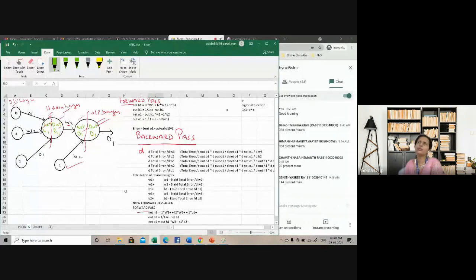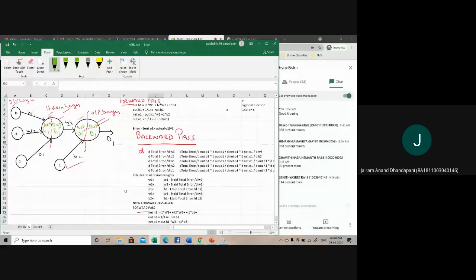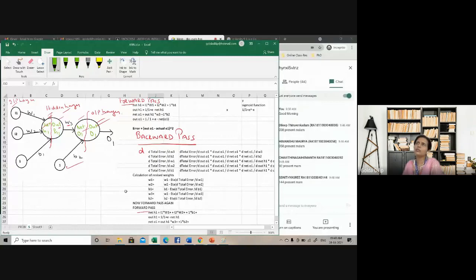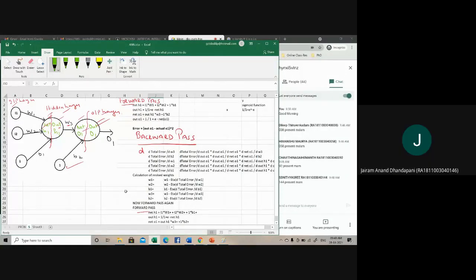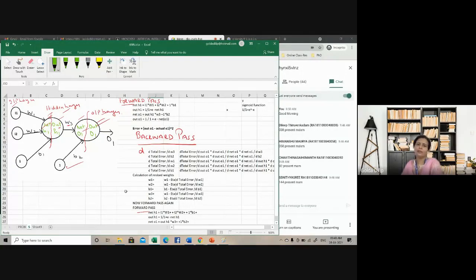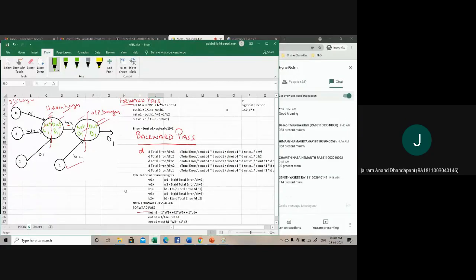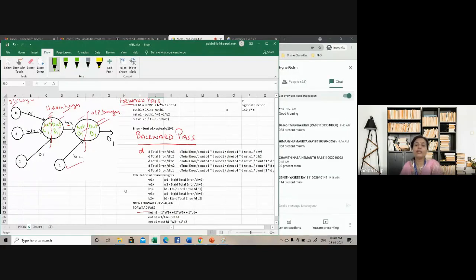Jairam has done neural networks, right? Yes, ma'am. So he'll be able to help your other classmates. I'll try, ma'am. Because I know you would have studied it in one full unit. How many units of neural networks did you have in that particular subject?